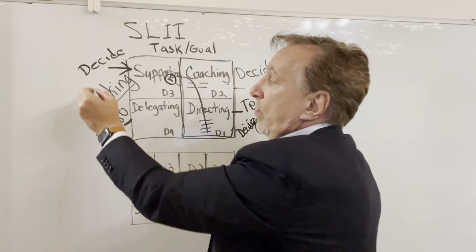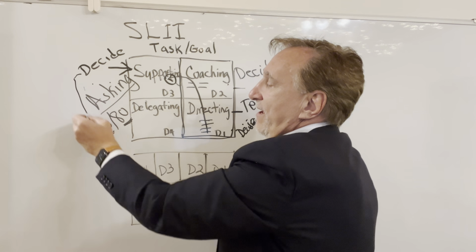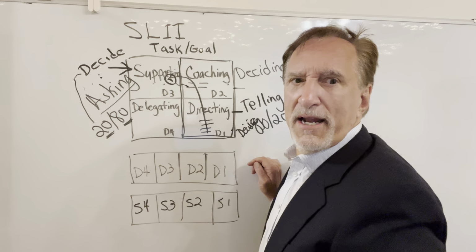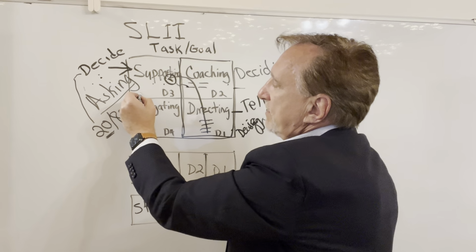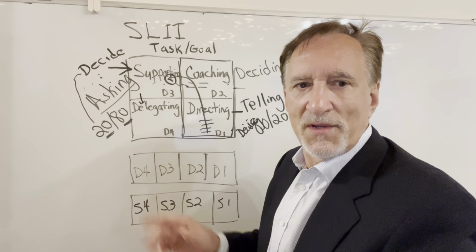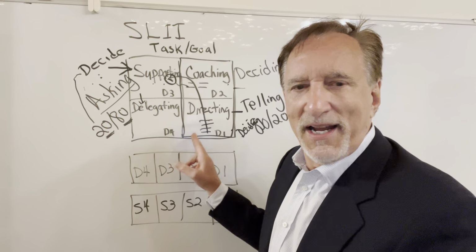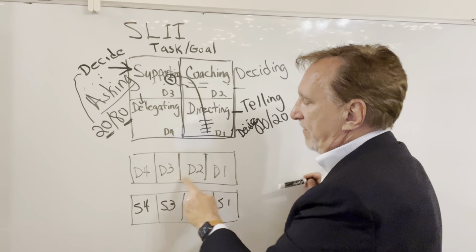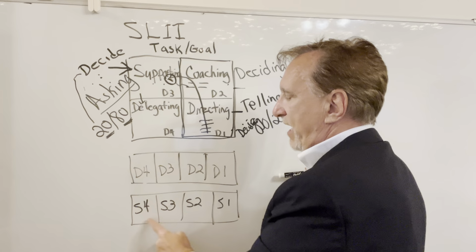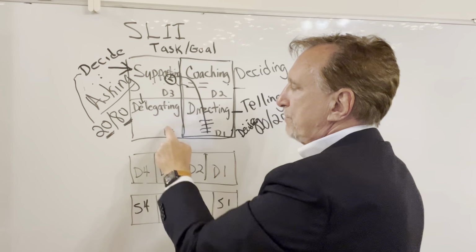Now, of course, to get to this side, they're getting pretty capable. They're only a stone's throw away from riding that bike by themselves. And I need you to understand this. This is based upon development levels, 1, 2, 3, 4. You're using different styles for each one of these boxes.